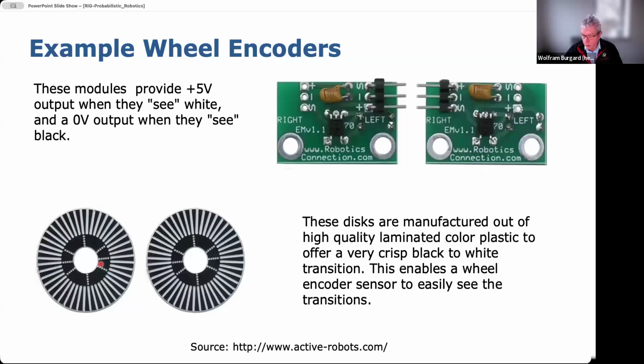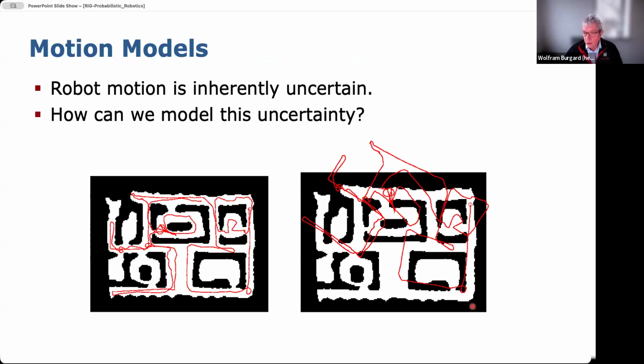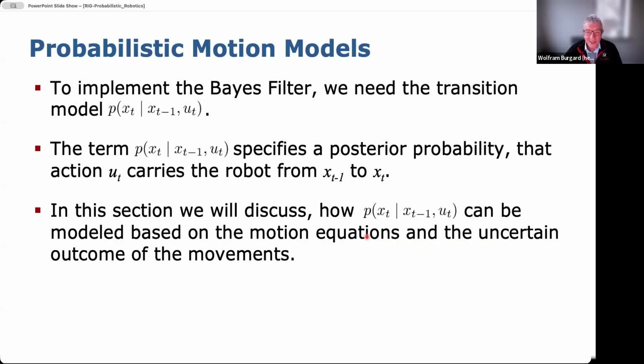And then you use trigonometry to calculate the trajectory. And this is what you see here. And when you do this, you can see that you can never actually trust your trigonometry. The odometry, sorry.